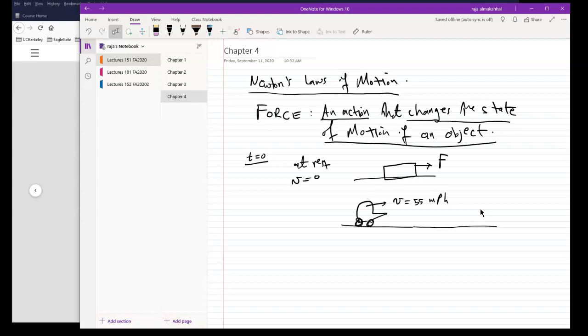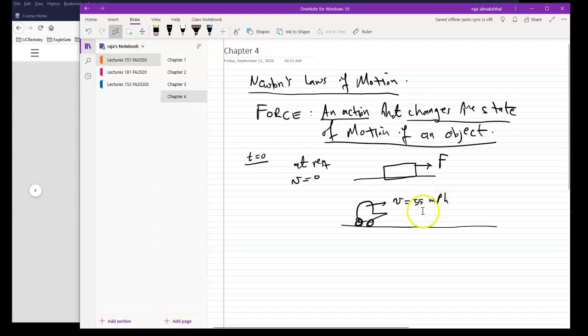Well, what do the brakes do to the car? They change the state of motion of the car from moving at 55 miles an hour to something lower than that, say 0, maybe to stop the car, or maybe to lower the speed to, say, 25 miles an hour or something like that. And the brake works through what we call friction. Okay, friction is a force.